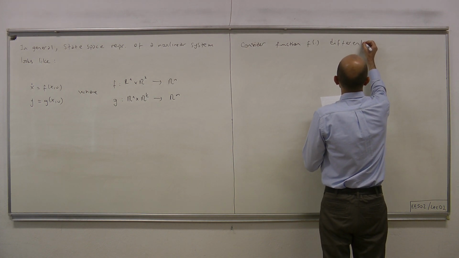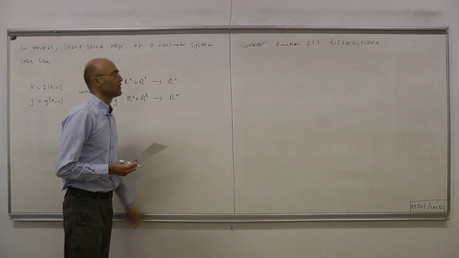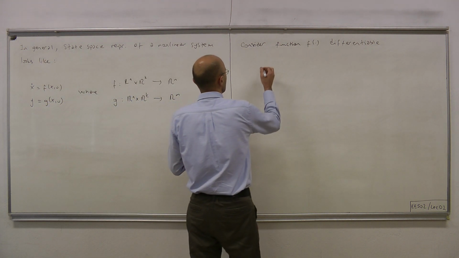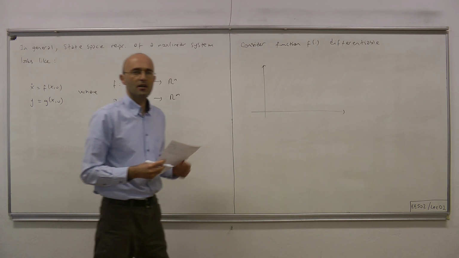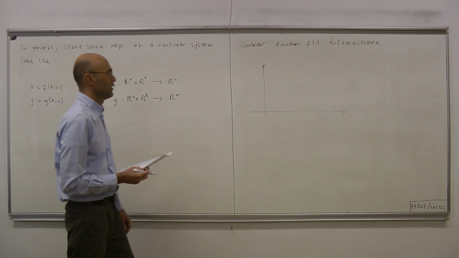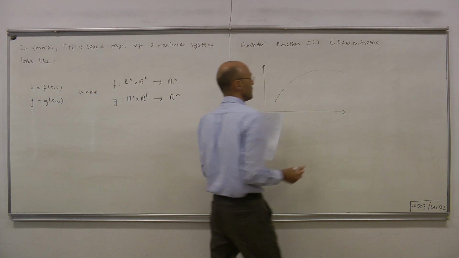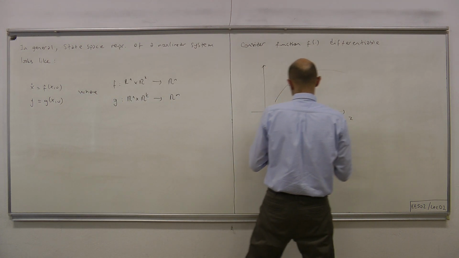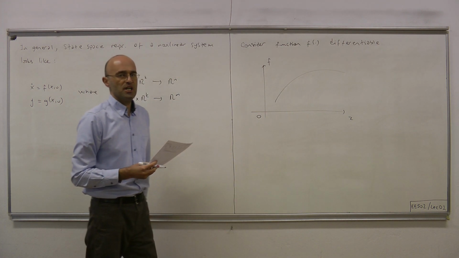That is, differentiated without running into any trouble. Since it's from R to R, it's straightforward to draw it, so let me represent it on the board. Suppose that it's something like this. That's our function, and this is our function f of z.